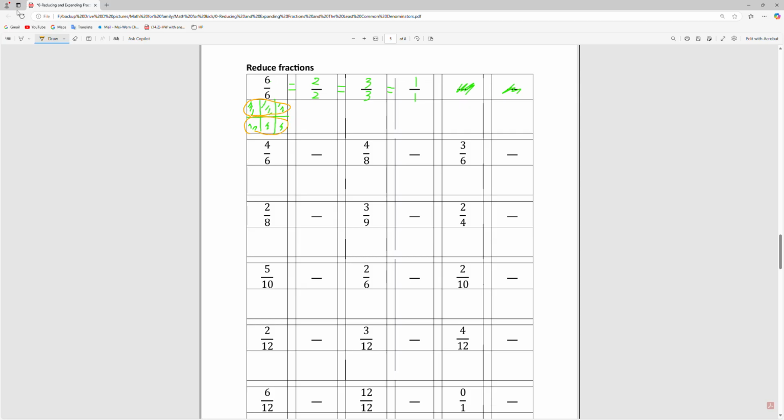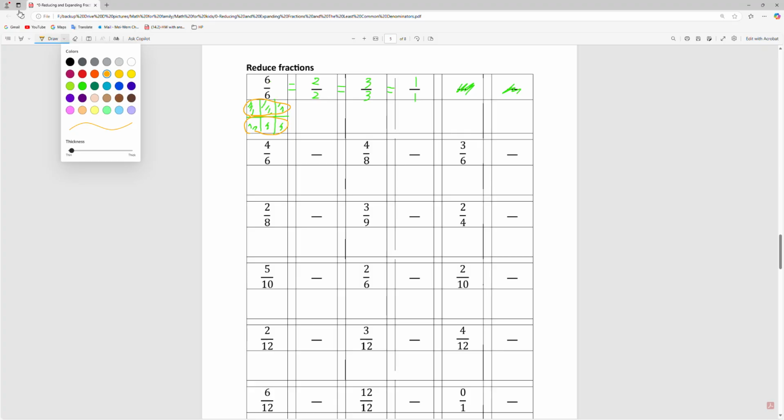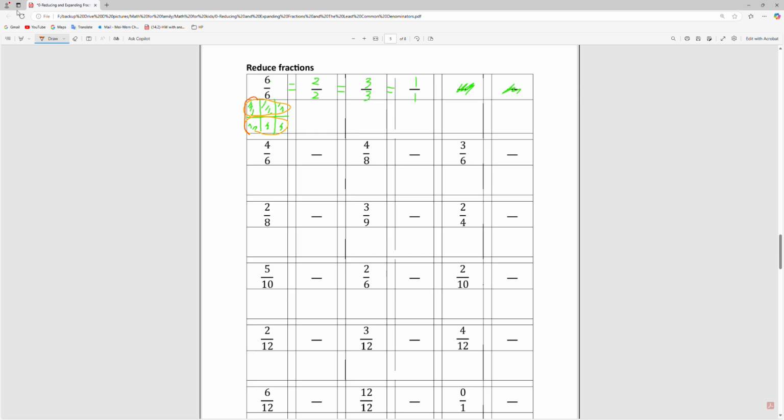That's one way, right? And you can consider it as 3, 1, 2, 3, 3 over 3. You can do it this way, right?